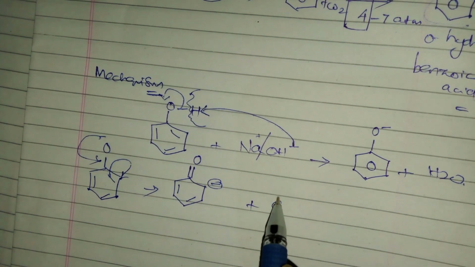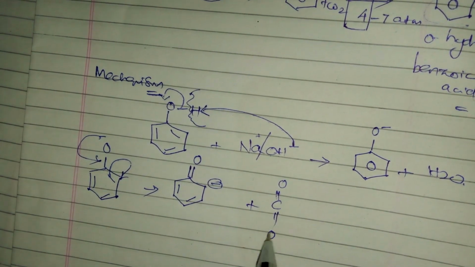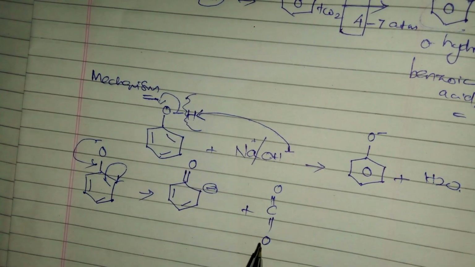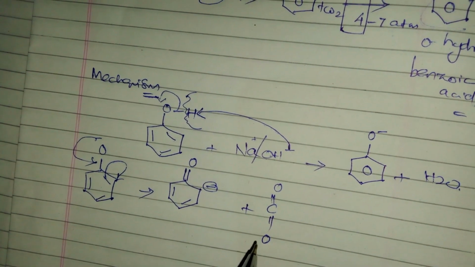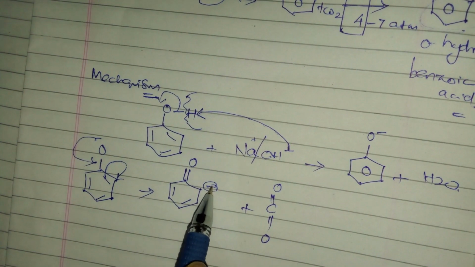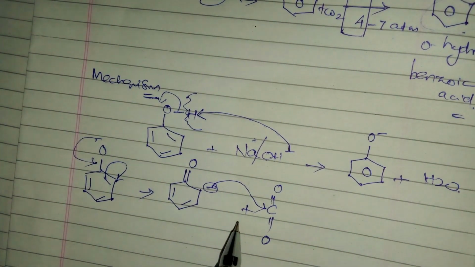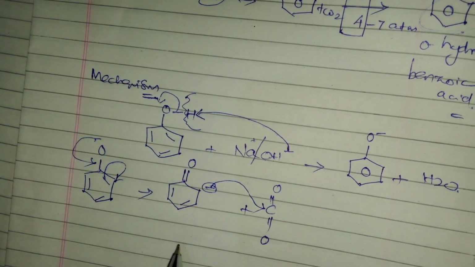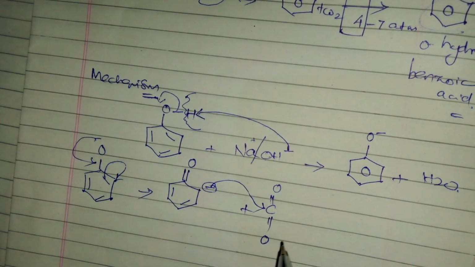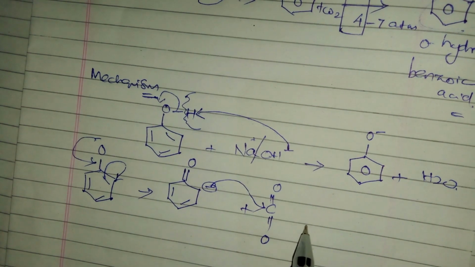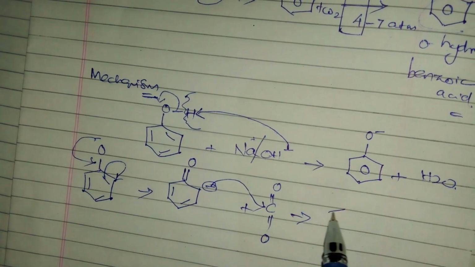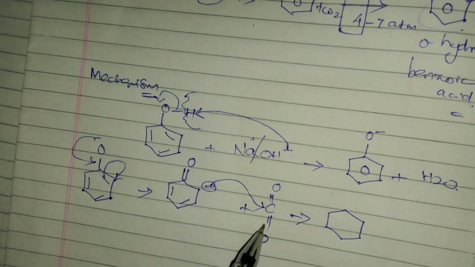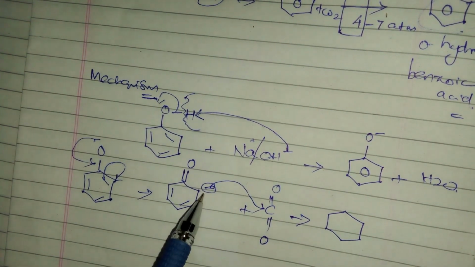Now at this stage, the CO2 attacks. We know that carbon dioxide is acidic in nature, which means it has a necessity for electrons. So the carbon dioxide takes this electron and attaches here. Here the valency of 4 is satisfied now, so another bond is forming.